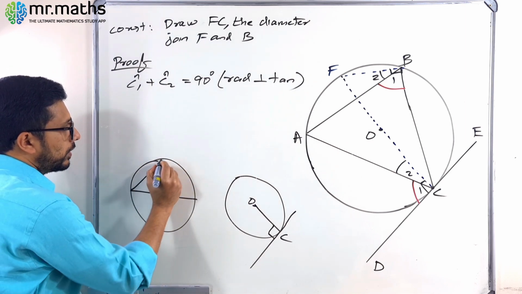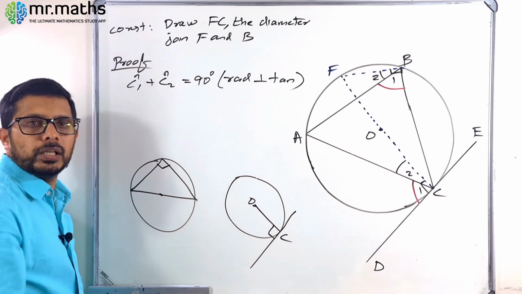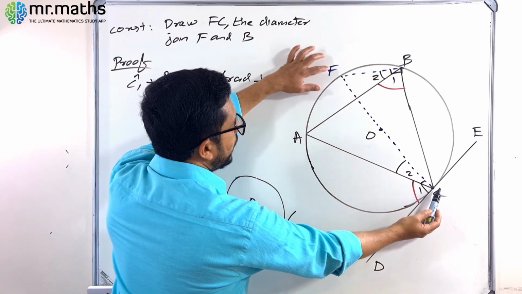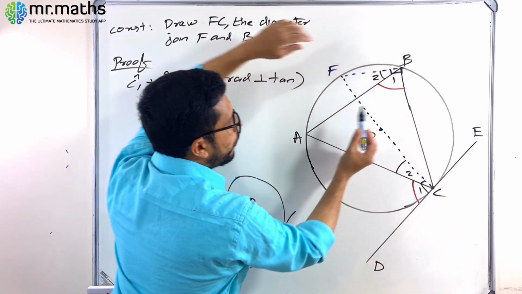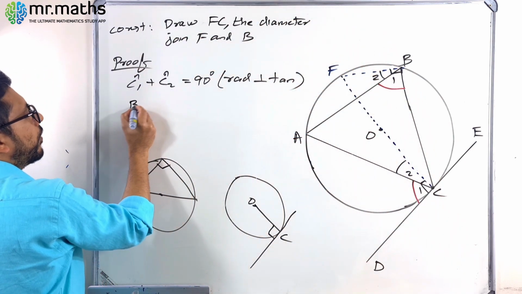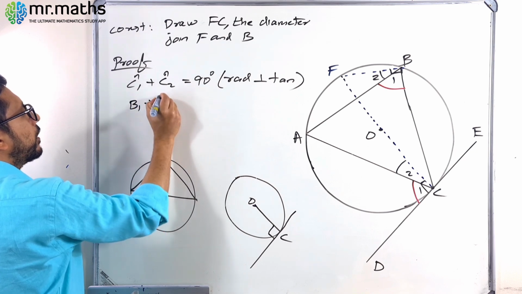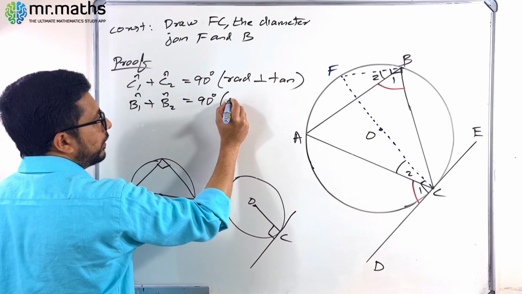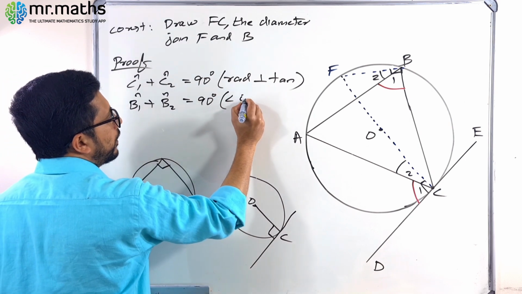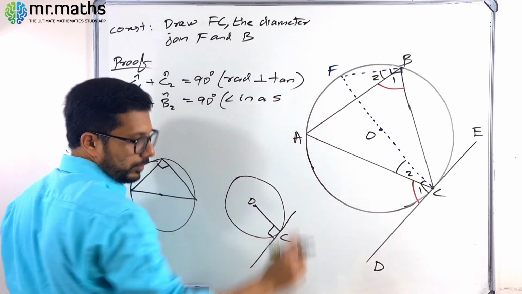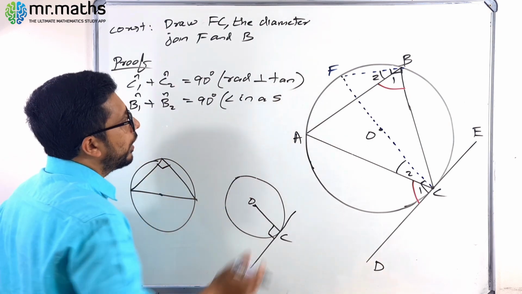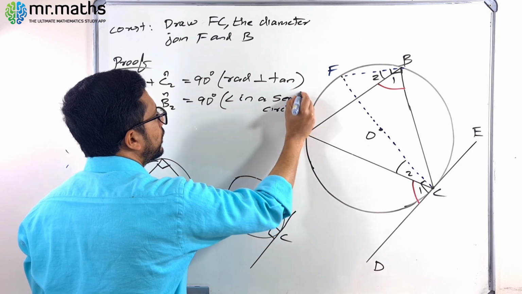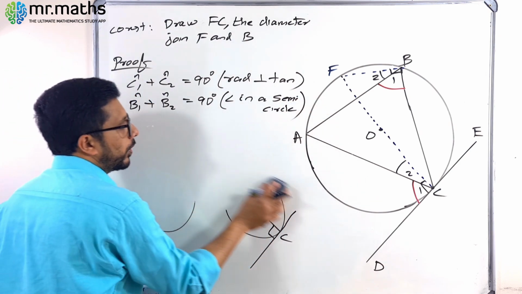It is 90 degrees. So this angle B, formed on the circumference, angle B1 plus angle B2, is also 90 degrees. What is the reason? Angle in a semicircle.